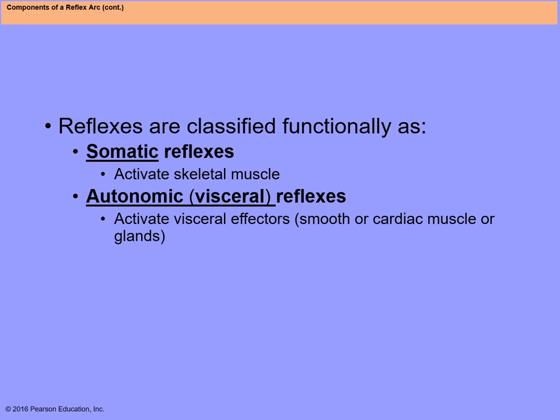It can have some effect on cardiac muscle. Now, cardiac muscle, when we study the heart, you'll find that you have pacemaker cells that are controlling the rate at which the heart is contracting and the fact that it is contracting. You can make some adjustments to the heart rate with certain reflexes.